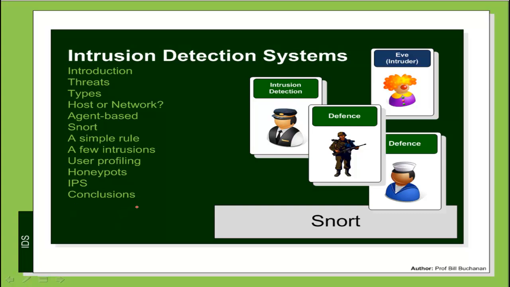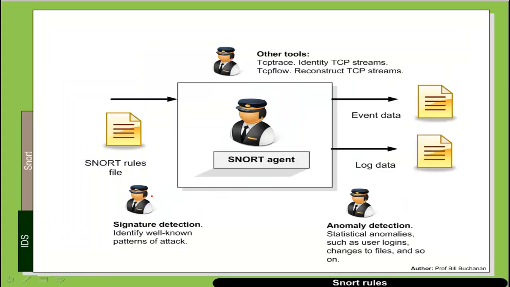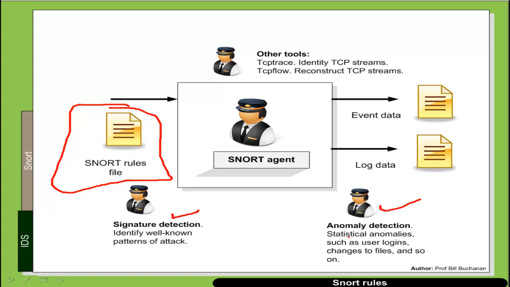One of the most popular intrusion detection systems is snort, and this section will look at some of the configuration of it. Snort basically reads in a rules file, and it can either be standard signature or it could relate to anomalies, and it will produce event data whenever an alert fires.